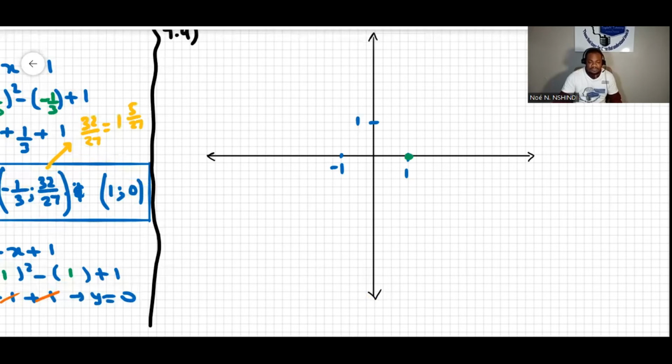That's one turning point, and (-1/3, 32/27). So -1/3 must be somewhere a little bit before -1. Well, I think my graph is very tight. Anyway, let's say -1/3 is somewhere here, and then 1, let's take it somewhere here also.